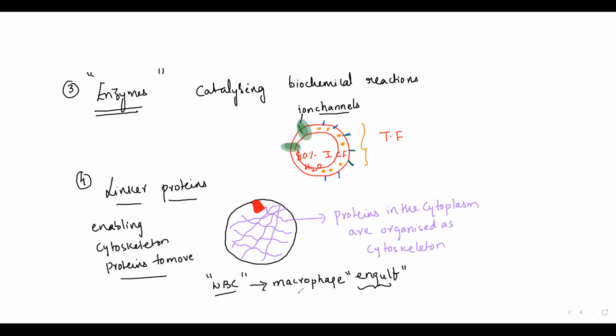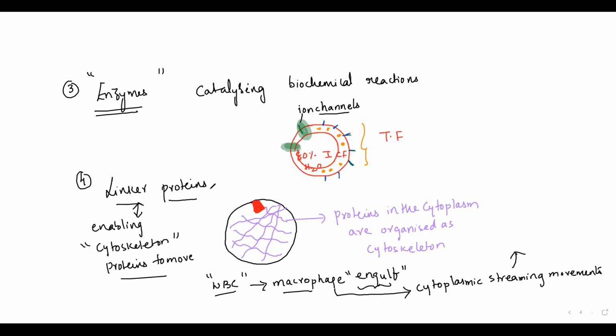So these movements of the macrophages or pseudopodia are nothing but cytoplasmic streaming movements, right? And they even do diapedesis, where they squeeze out of the capillaries and come out. So cytoplasmic streaming movements are being performed. All these movements are just because of the movement of the cytoskeleton proteins because of the linker proteins.